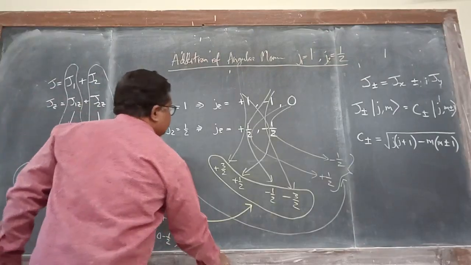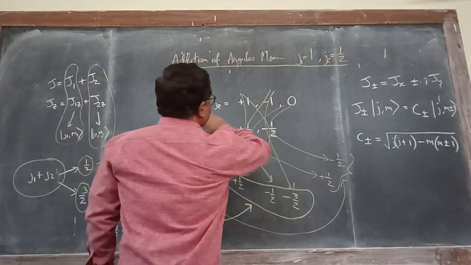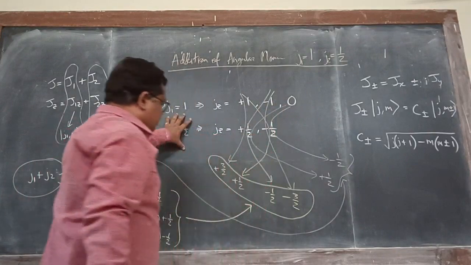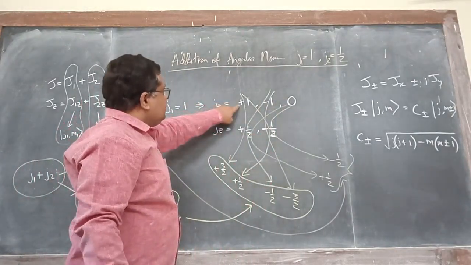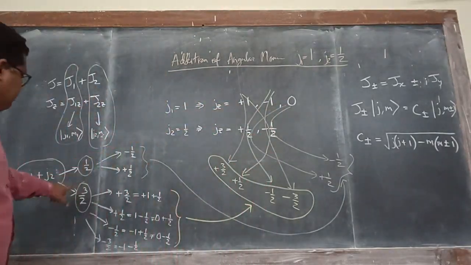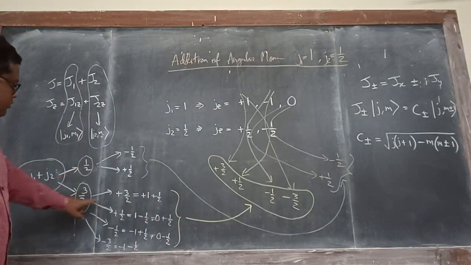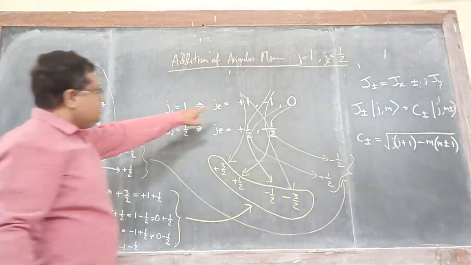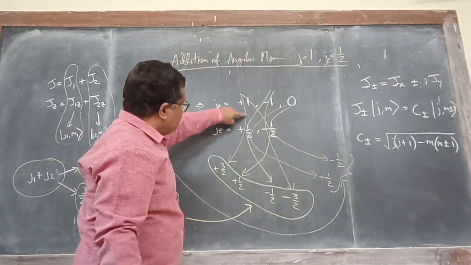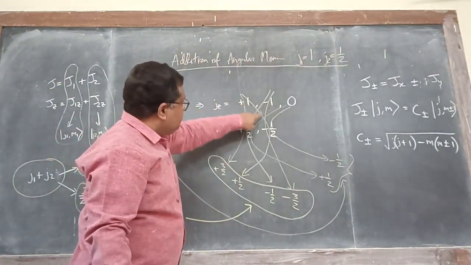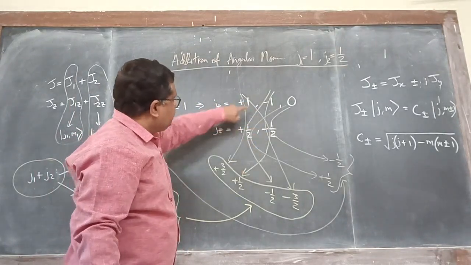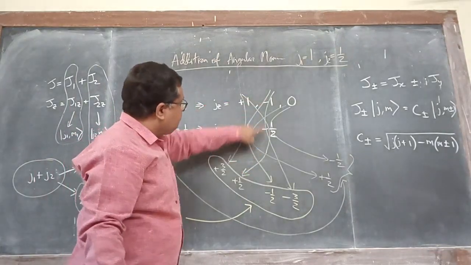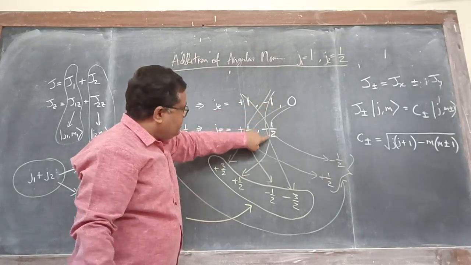Okay, there was a mistake in this plot, which we found out. So you see, as I have already shown you over here, for the 3 by 2 we have plus 1 plus half, plus 1 minus half, minus 1 plus half, and minus 1 minus half.